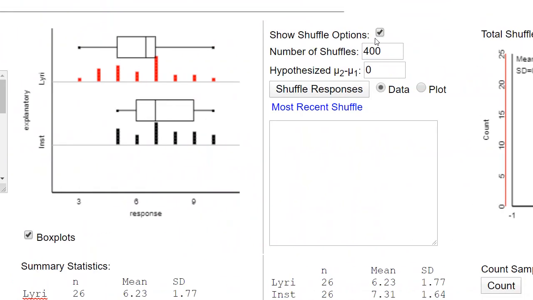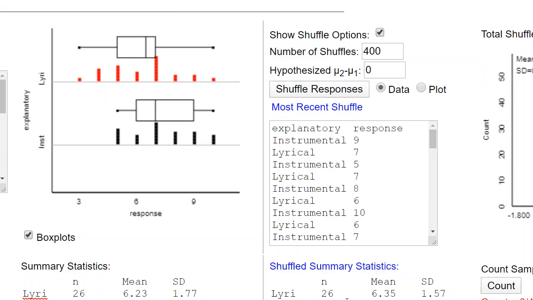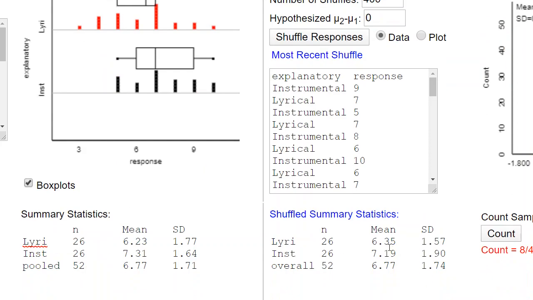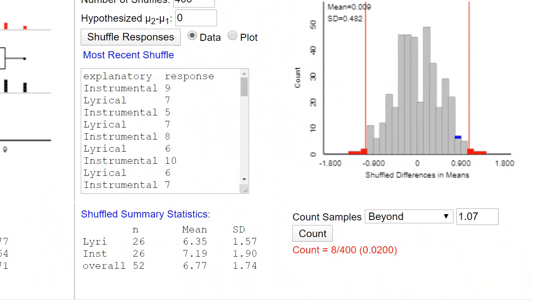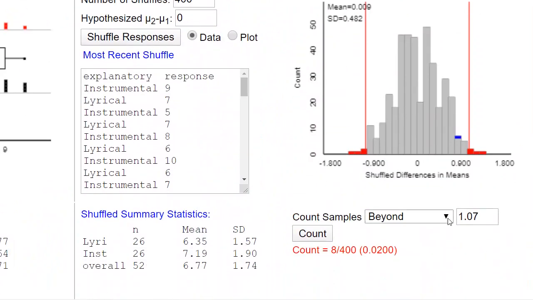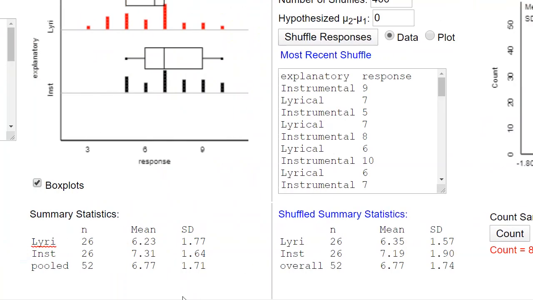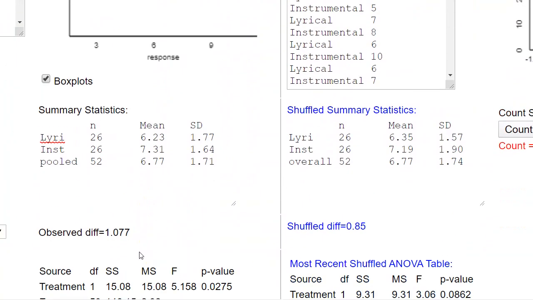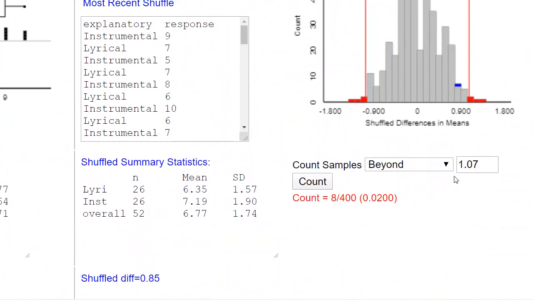Well, to see if it's statistically significant, we could take all these words memorized and randomly deal them into two piles, and then if we did that, we would get two piles every time. Each time we did that, we'd get a mean of the one pile and a mean of the other pile. We could subtract those means and plot it into a null distribution and see how often it was at least 1.07.